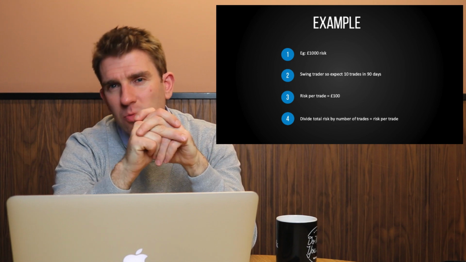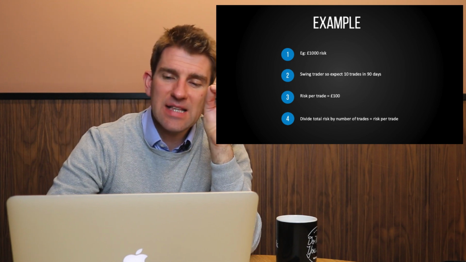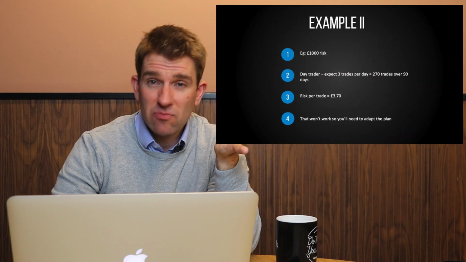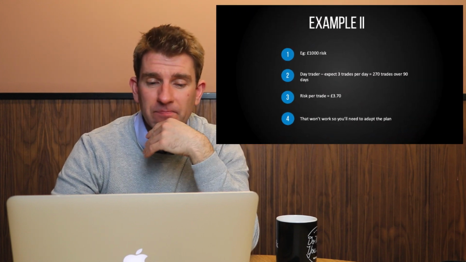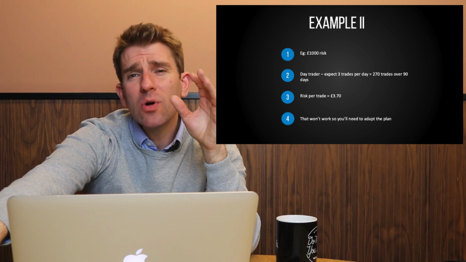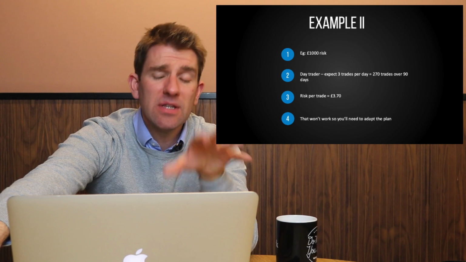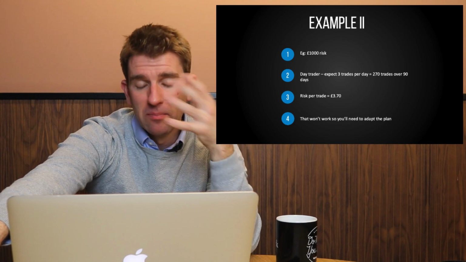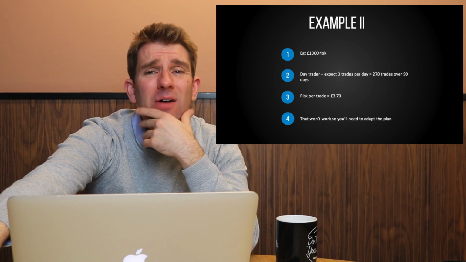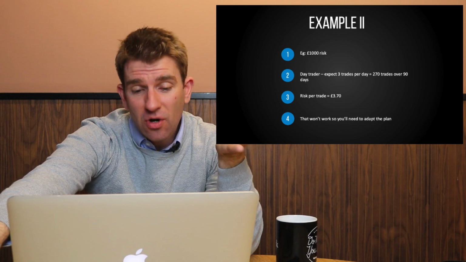And this is why it's so important, because let's look at another example. Say we've got the same risk, we're prepared to risk £1,000, but this time we're a day trader, and we expect to make 3 trades a day. That's 270 trades over the 90-day period, assuming the market's open. So the risk per trade is £3.70, which is obviously not going to work, right?